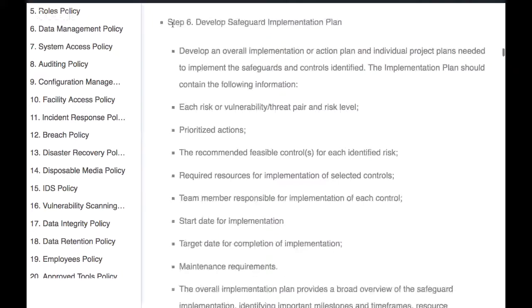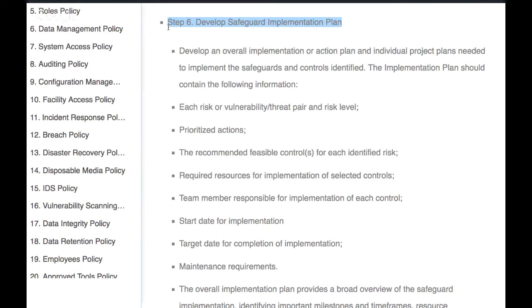Step 6. Develop safeguard implementation plan. Develop an overall implementation or action plan and individual project plans needed to implement the safeguards and controls identified. The implementation plan should contain the following information.